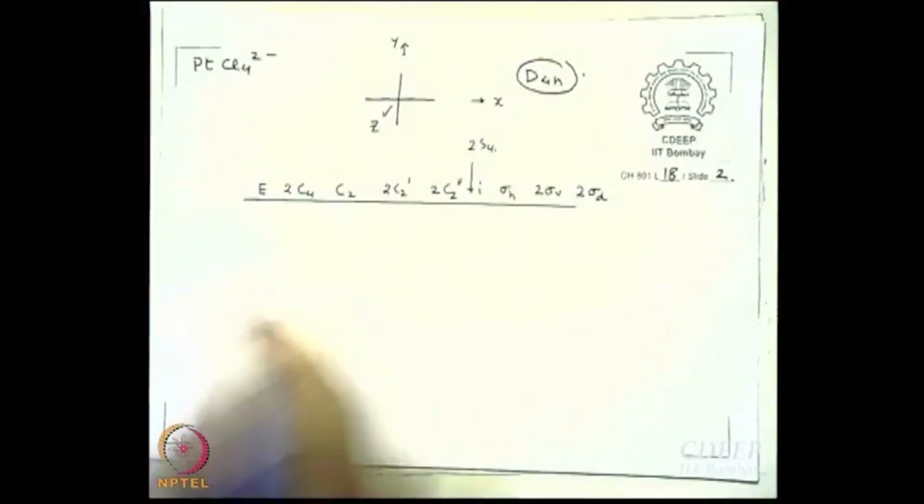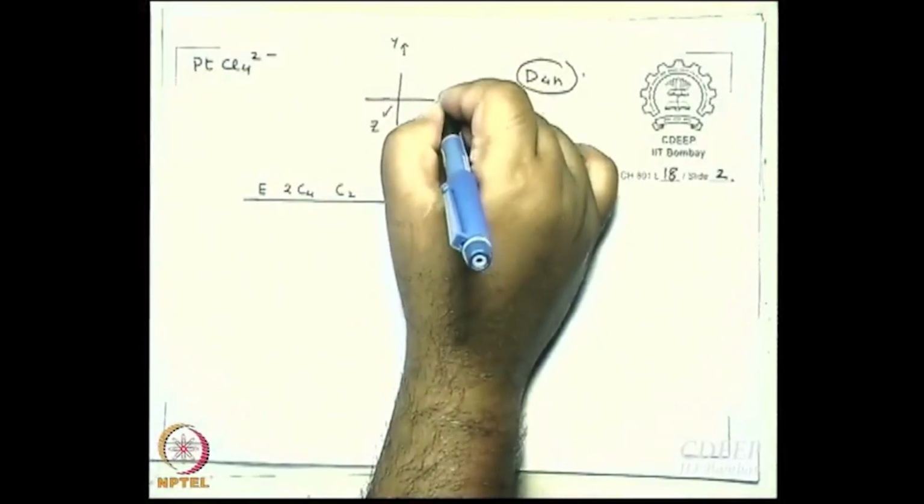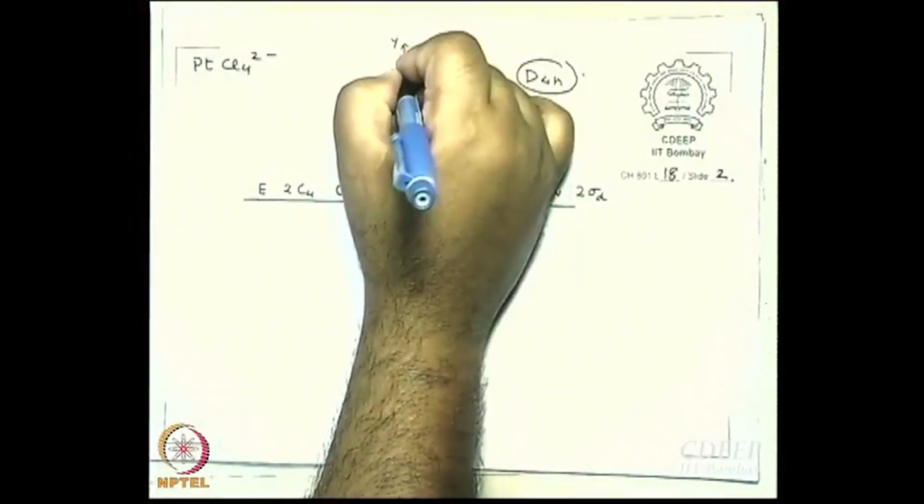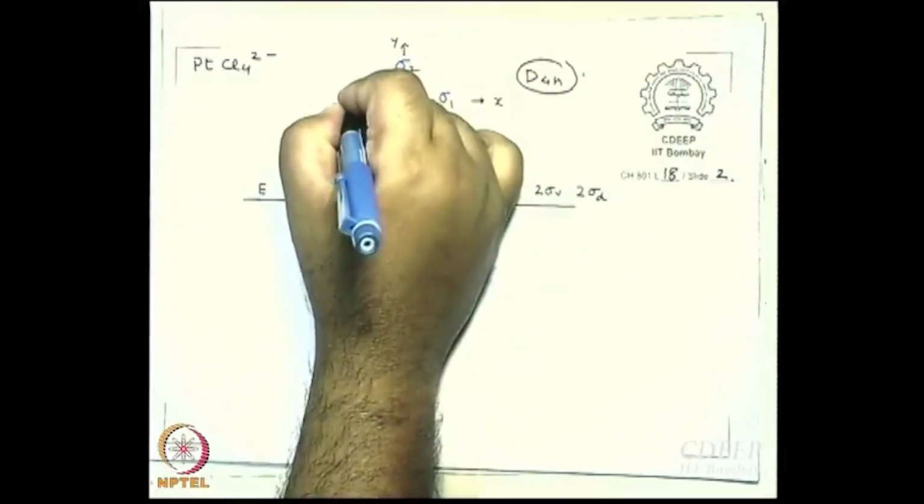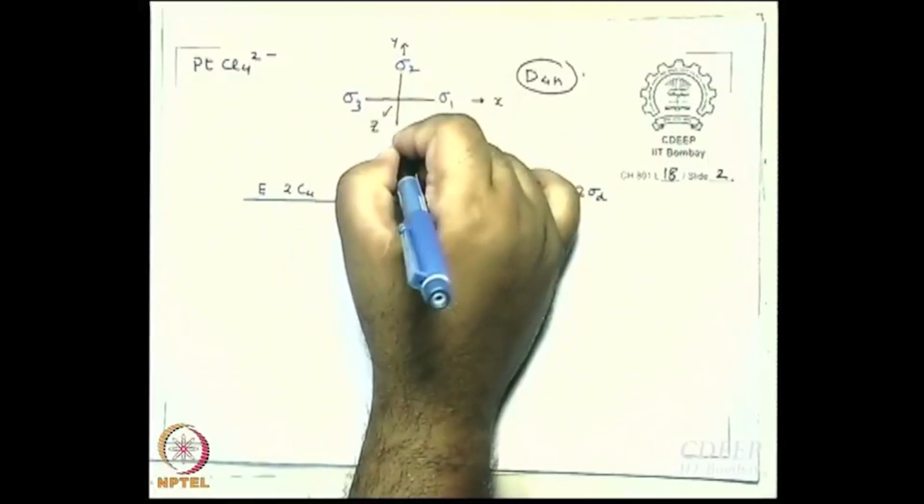Okay, right. So the first step would be to name the orbitals. Let me call them sigma 1, sigma 2, sigma 3 and sigma 4.